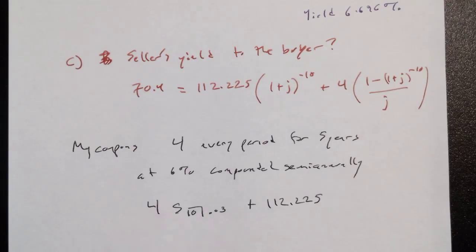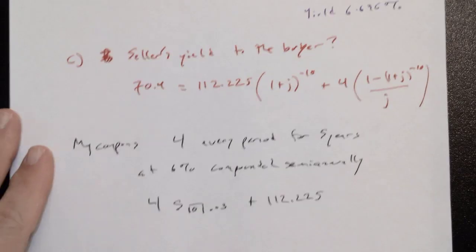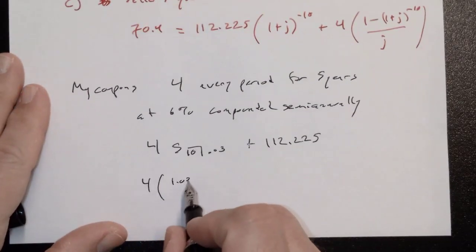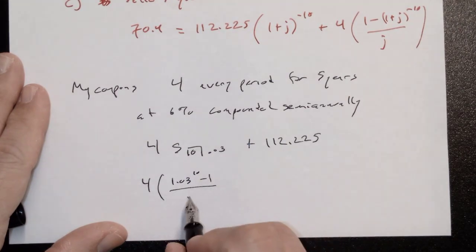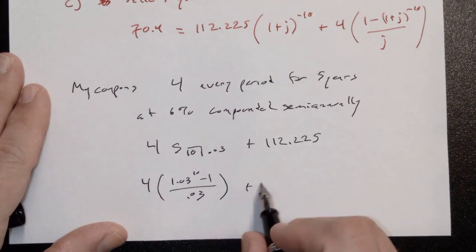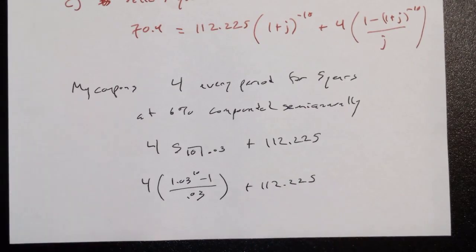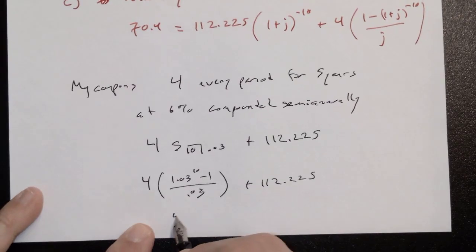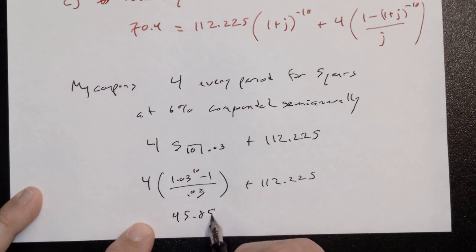What's this number? 4, 1.03 to the 10th minus 1 over 0.03. I'm going to keep a lot of decimals here.